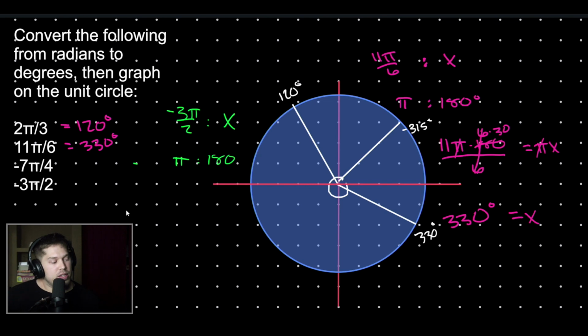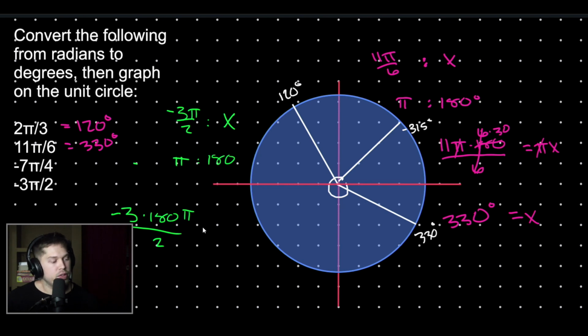So notice that we have negative 3. I hope y'all were able to see my work on the last one. I hope my picture didn't get in the way. We have negative 3 times 180 degrees times pi all over 2.